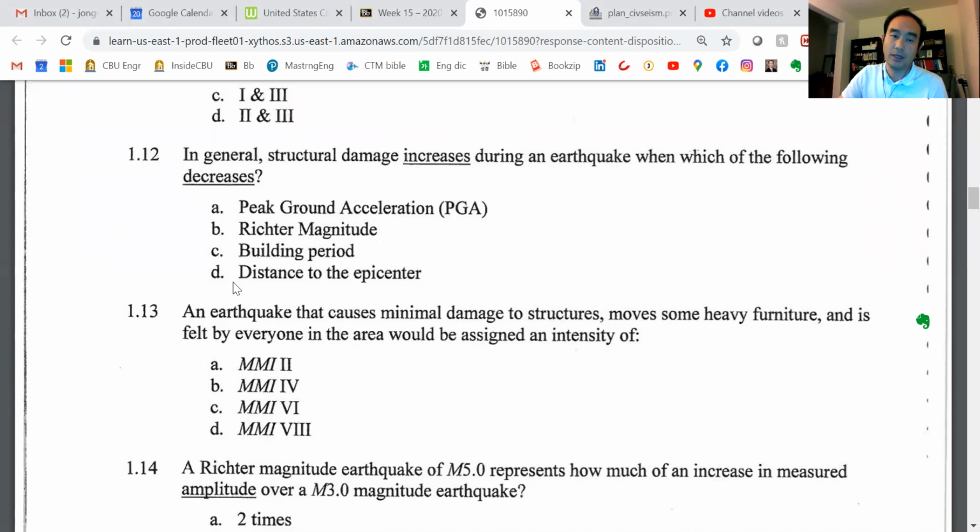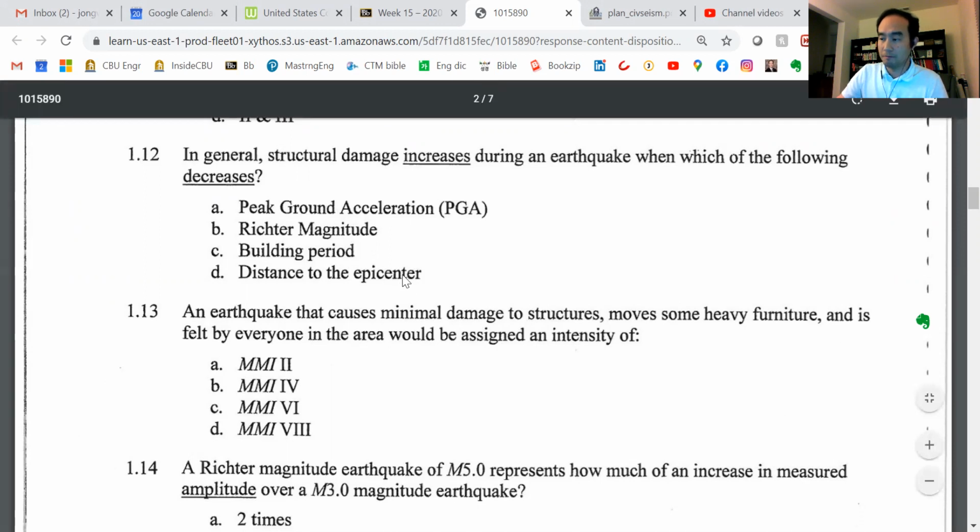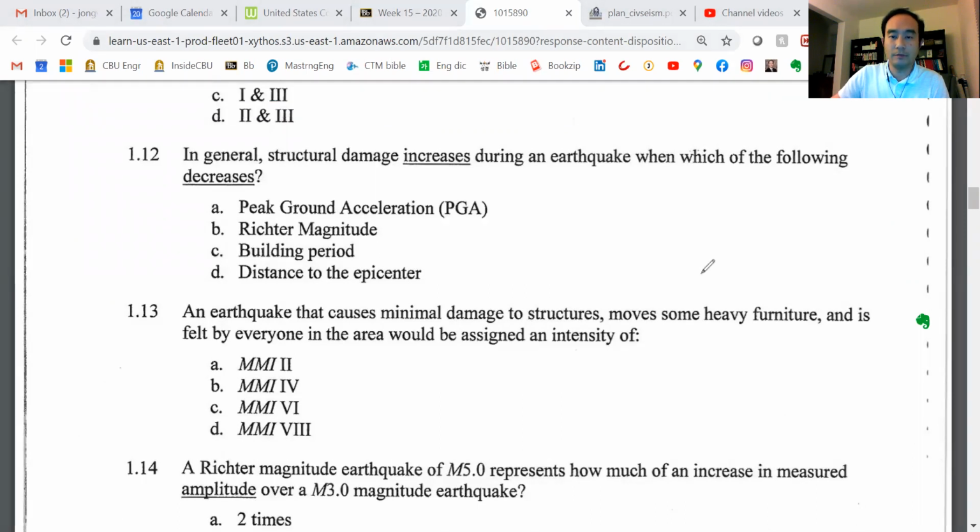Building period and distance to the epicenter. Building period is kind of a question mark, I would say, because remember the typical shape of the response spectrum looks something like this, but it is not proportional or in the opposite direction. When the building period is very long, we expect a reduced seismic demand.